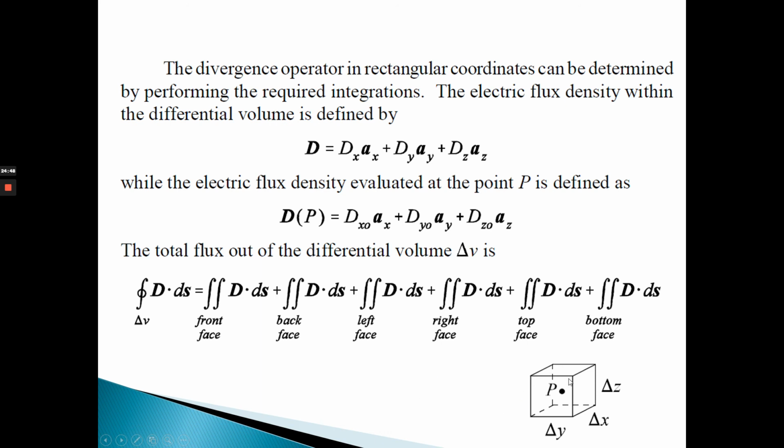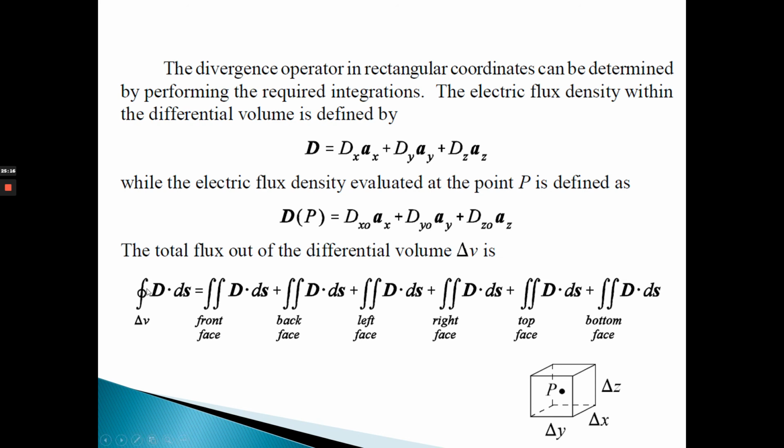So if you do a surface integration over all the surfaces, the surface integration of the 6 different faces will add up to a total value of the charge Q enclosed by the total volume of the cube.